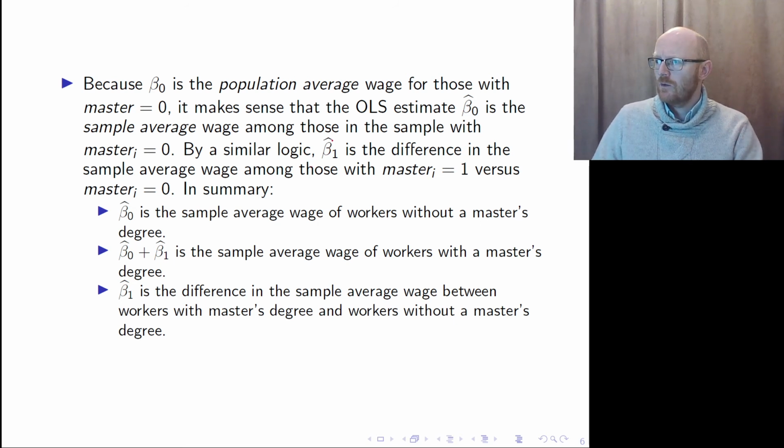Beta 1 hat is the difference in the sample average wage among those with master equal to 1 versus those with no master's degree. So beta naught hat is the sample average of workers without a master's degree, and the sum of beta naught hat and beta 1 hat is what you expect the wage of a worker with a master's degree to be, and beta 1 hat is the difference.